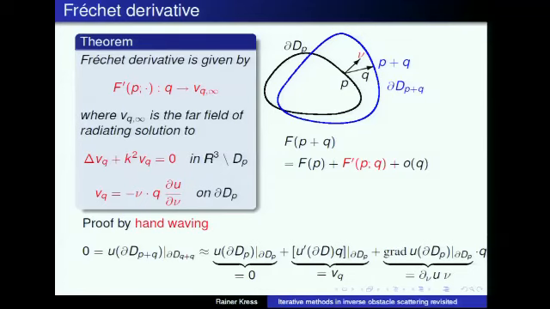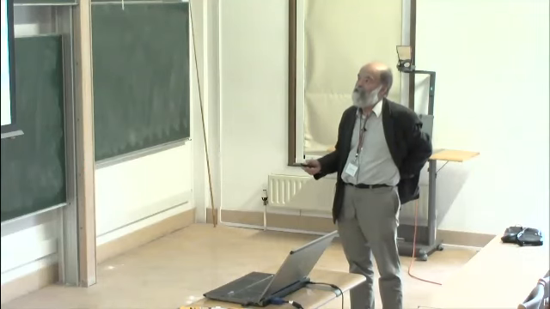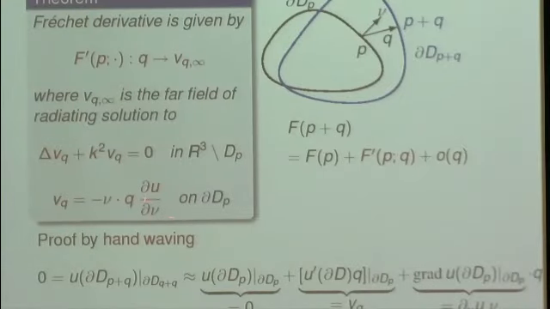The boundary condition for this v_Q is an inhomogeneous Dirichlet boundary condition, given in terms of the normal derivative of the total field. u is the total field for the original unperturbed domain with parameterization P, and this is multiplied by the dot product between the normal vector and the perturbation vector.